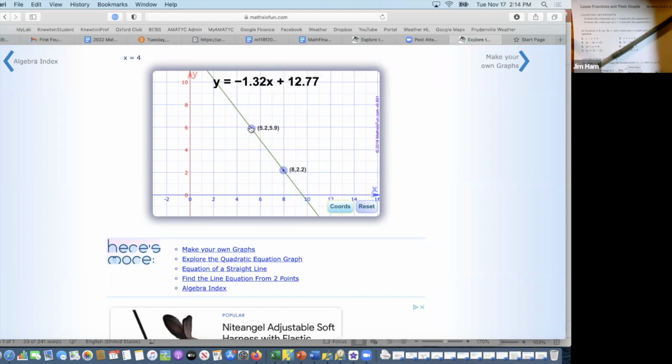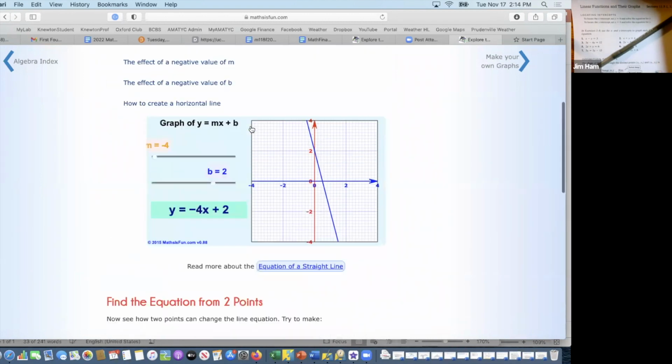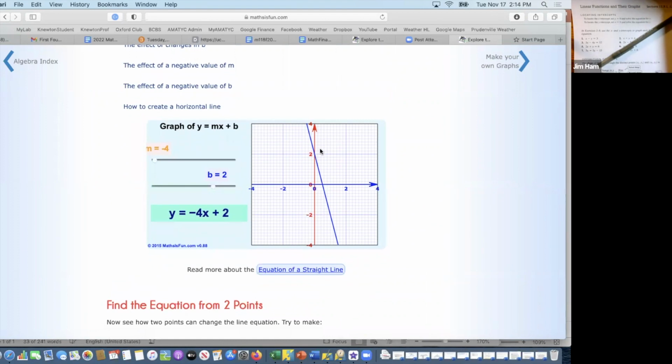But let me go up to this other one here. This blue line is the active line here, and you can see it crosses through 2 on the y-axis. This red line here is the y-axis. And this dark blue line here is the x-axis. And then here's the line that we're graphing. This line, we would say, is a decreasing line, goes down.